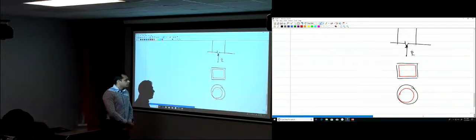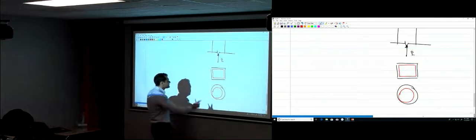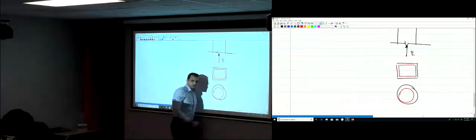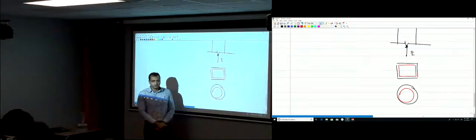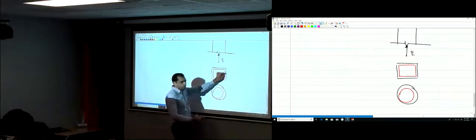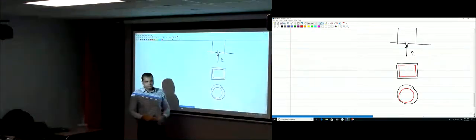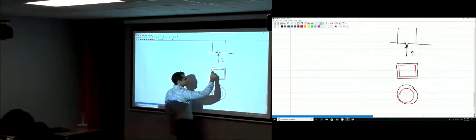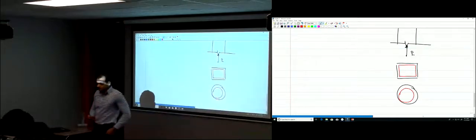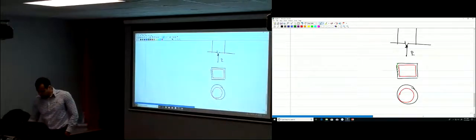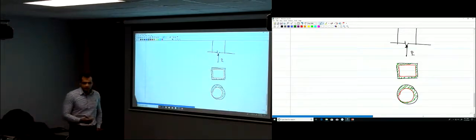The way the columns collapse is that you have this outer portion. There is no confinement for that outer portion, right? It's not confined. The confinement comes from the stirrups, that's what is confining your concrete. So definitely this cover over here, or this cover over here, is weaker than the core of the concrete.